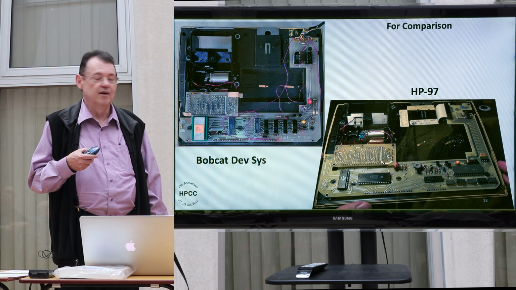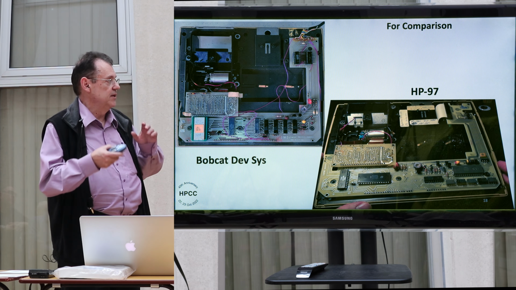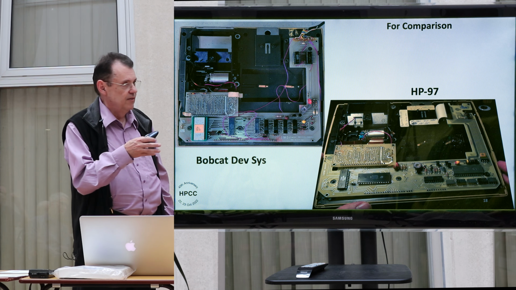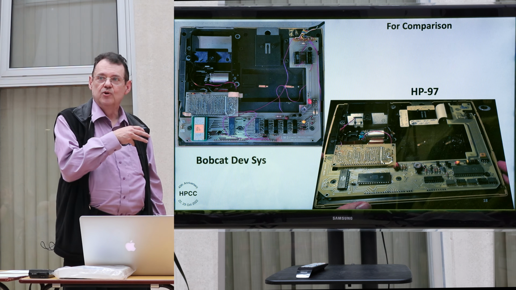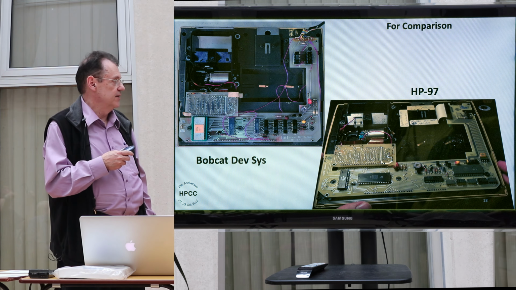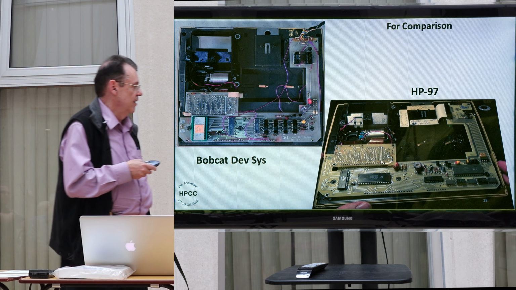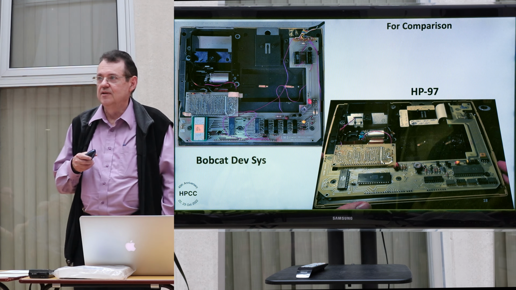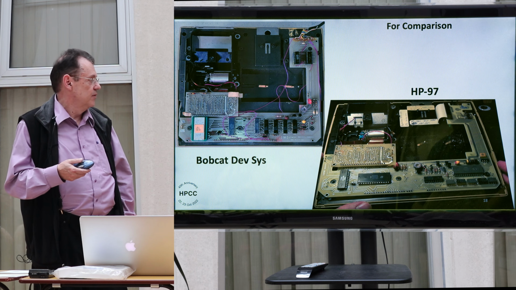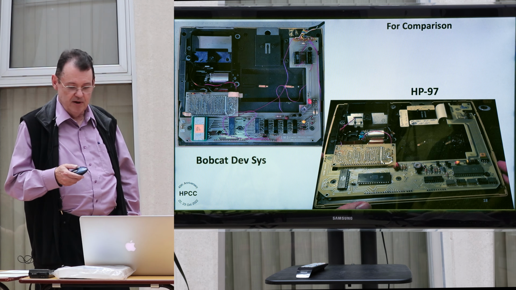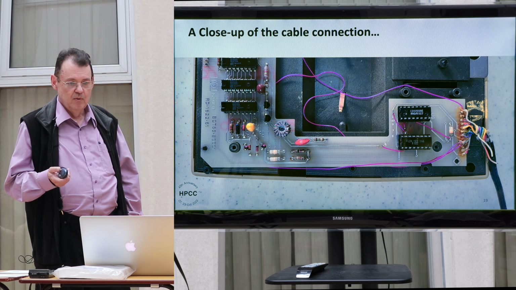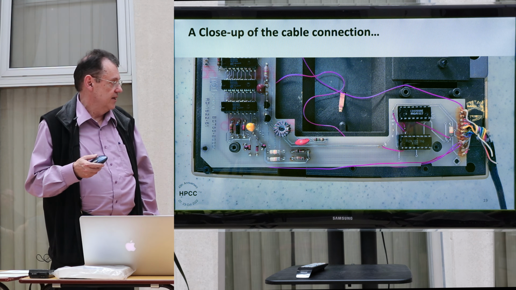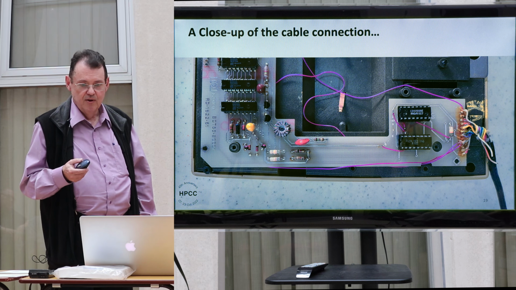So they used the same PC board outline, and in the 97, they ran the data signals up to the card reader, up the right side of the product, and on the Bobcat, they run the data lines up to buffers. So it's a similar system layout as what was on the 97. So this is a close-up connection of that side and its connections for those that are interested.